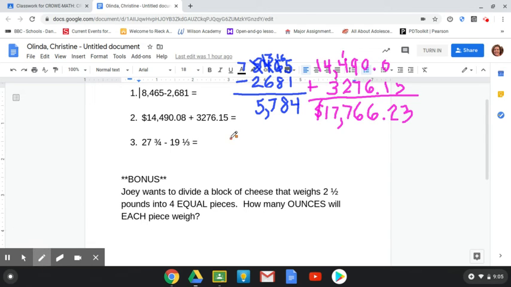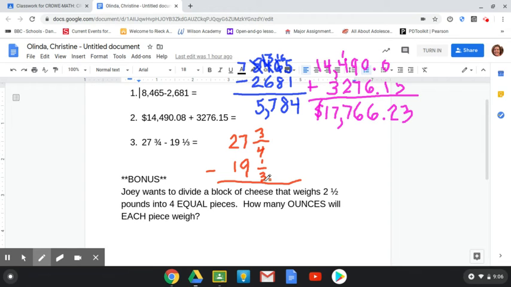So we will write 27 3/4 minus 19 1/3. I need to find the least common multiple to change the denominator so that they are the same.